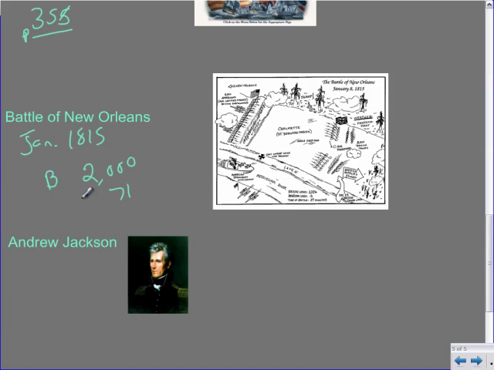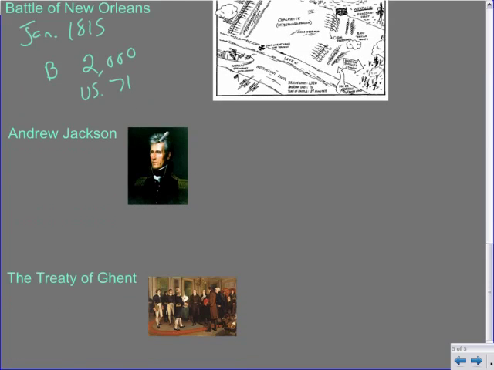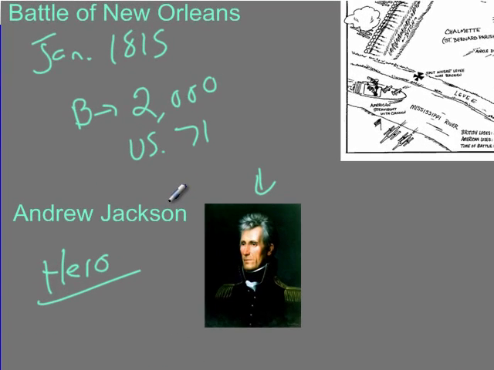So that's an overwhelming victory. What you really need to think about is what's the effect of this battle. And really the only effect of this battle is that Andrew Jackson, who is this guy right here, becomes a hero. He becomes a war hero because he led this army that killed 2,000 British people, and only 71 of his men died, and that's all, great and everything.